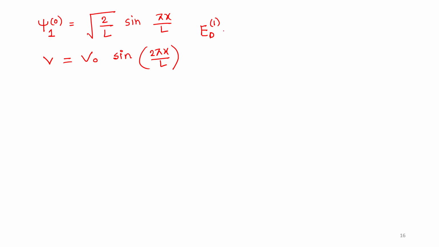So here, let me now write E1, not E0. That is my ground state. So that is nothing but this.